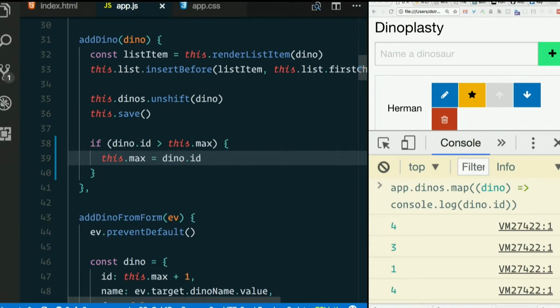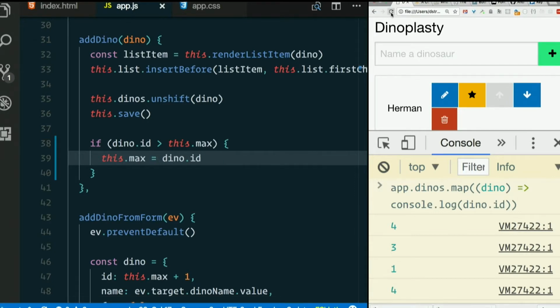So if I'm adding one that has an ID of 5, it'll instantly set the max to 5. Because what we want max to actually hold is the highest value for ID that we have. So this will ensure that that always happens. As we add them back to the page, it'll always make sure that this.max is the highest ID that we have.